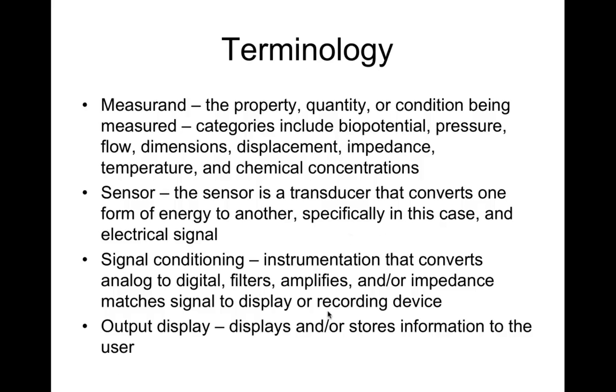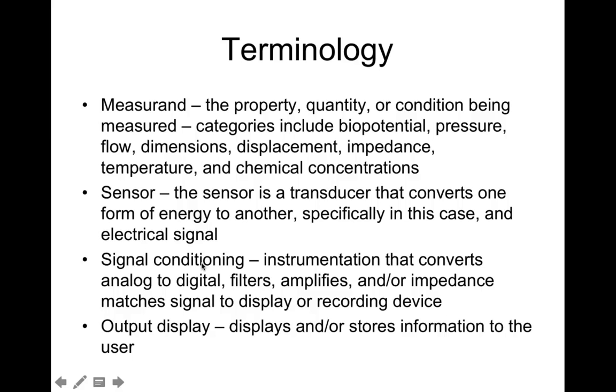Signal conditioning is a part of the instrumentation that converts the signal to another form, or conditions the signal rather. So this can be from analog to digital. It can include signal filters, it can include amplifiers, it can do impedance matching between your display and your recording device, and various other components that go into this signal conditioning.